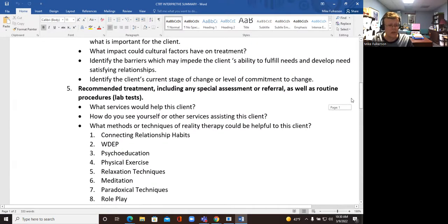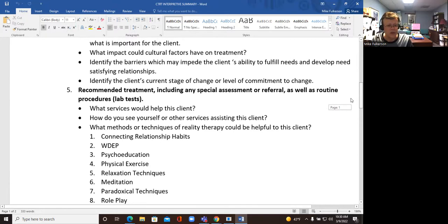So these are just some things that I've been using in my supervision and in training to help people develop the case conceptualizations and the interpretive summaries, because it was something I was finding a lot of clinicians were sometimes just leaving these almost, if not blank, almost blank.